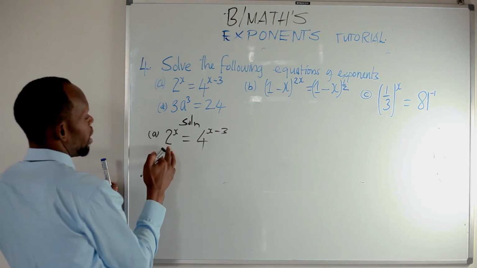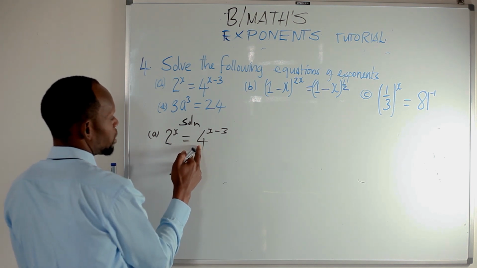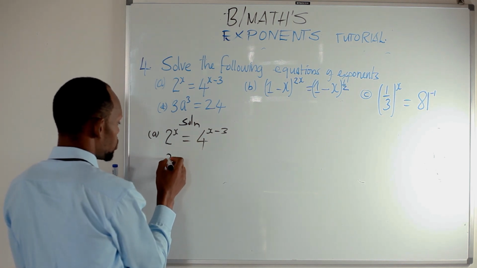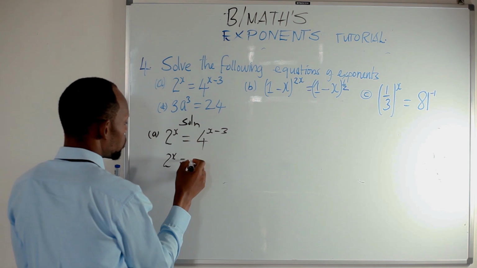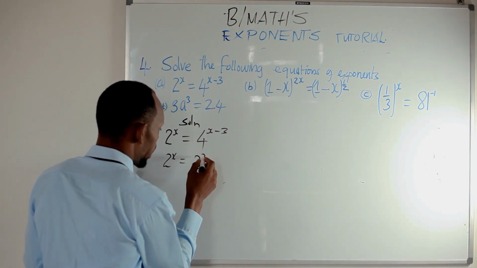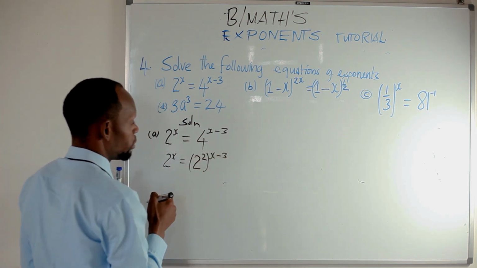As usual, we have to factorize the big number into simple factors so that you get the small number. So 2 power x equals 4, which is like saying 2 squared, and then power (x - 3).